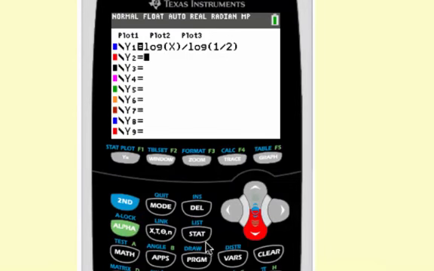And we're using that change of base formula. For g of x, it's going to be log of x minus 1 divided by log of 1 divided by 2, then plus 2.